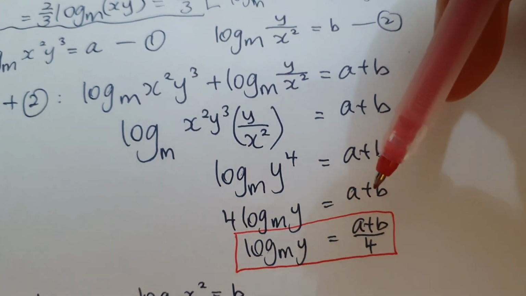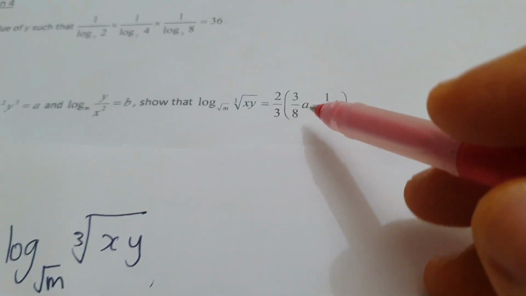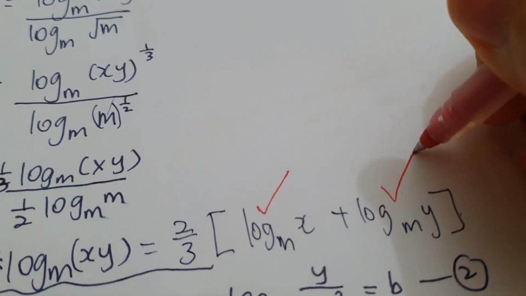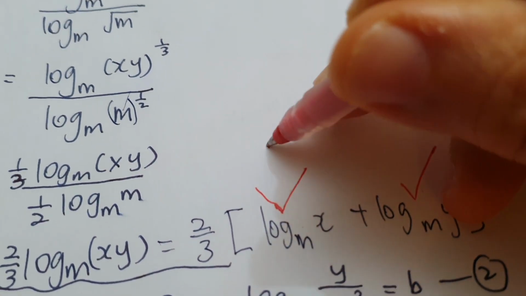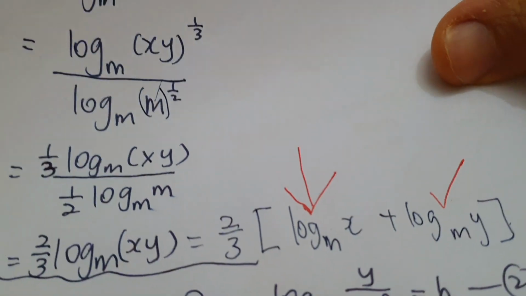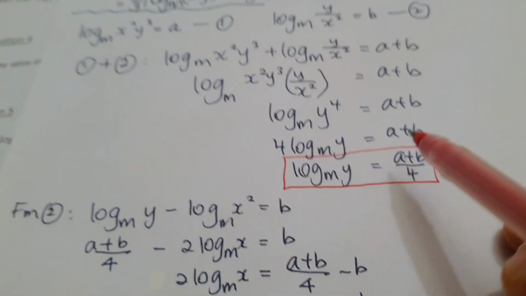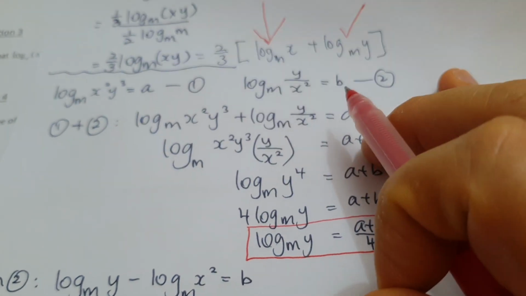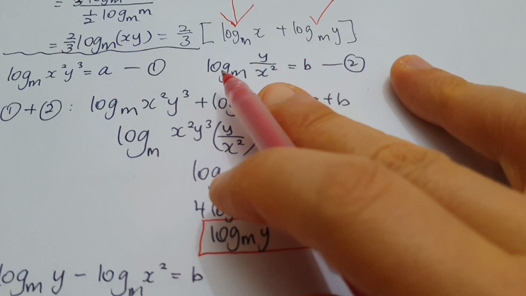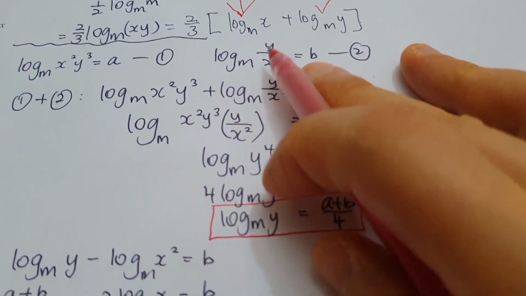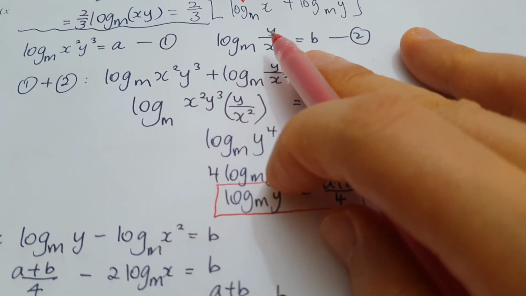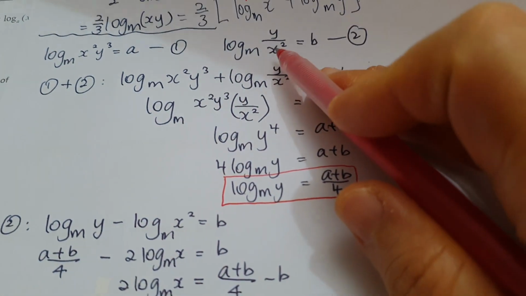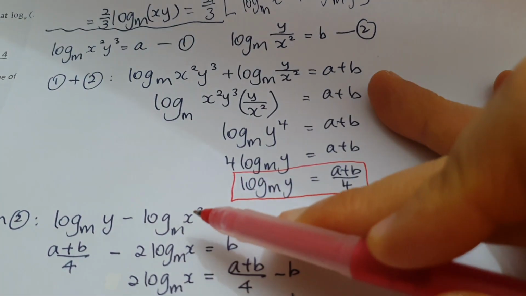Now my job is to find, where am I? Oh, sorry, I found this already. I haven't found this. I need to find this. So solving simultaneous equations, basically that is what I'm doing here. Now from equation 2, I can split this left hand side, because it's division. Division means log y base m minus log x square base m.